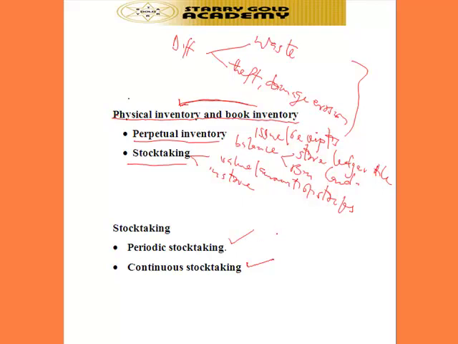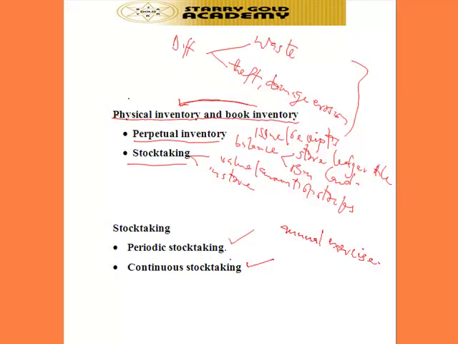Maybe every 4 months, every 5 months, every 6 months, but usually it's an annual thing. It's usually an annual exercise, maybe at the accounting year end. Periodic stock taking takes place. You count everything together.